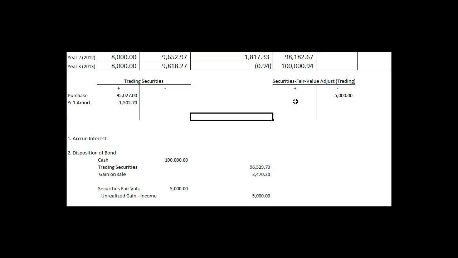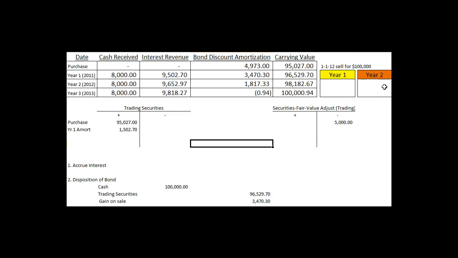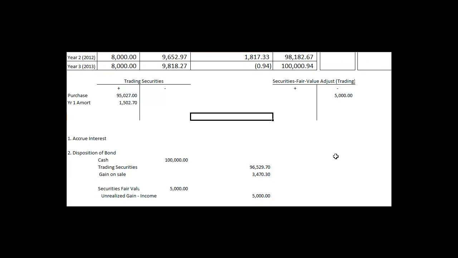So we debit the fair value adjustment trading account for the $5,000 right here, and then we credit the unrealized gain, which actually goes to dash income, noting that it goes to the current period's income statement. If you look at the two gains here, you would have a gain in the current period of $8,470 that would go through the income statement in year two. That's much different from the equity method we use for available for sale securities, and it's really the only difference between the two methods.